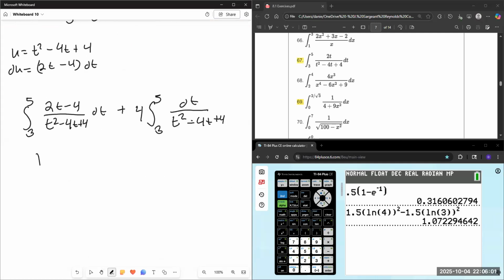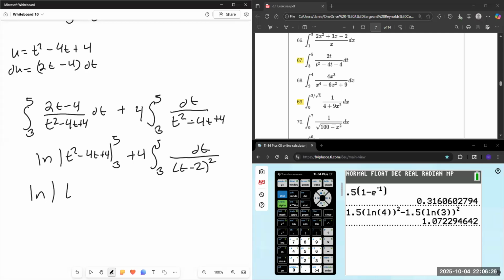So this is ln of t squared minus 4t plus 4, evaluated from 3 to 5. This is 3 to 5 of t minus 2 squared. So if that's t minus 2 squared, this is also t minus 2 squared.